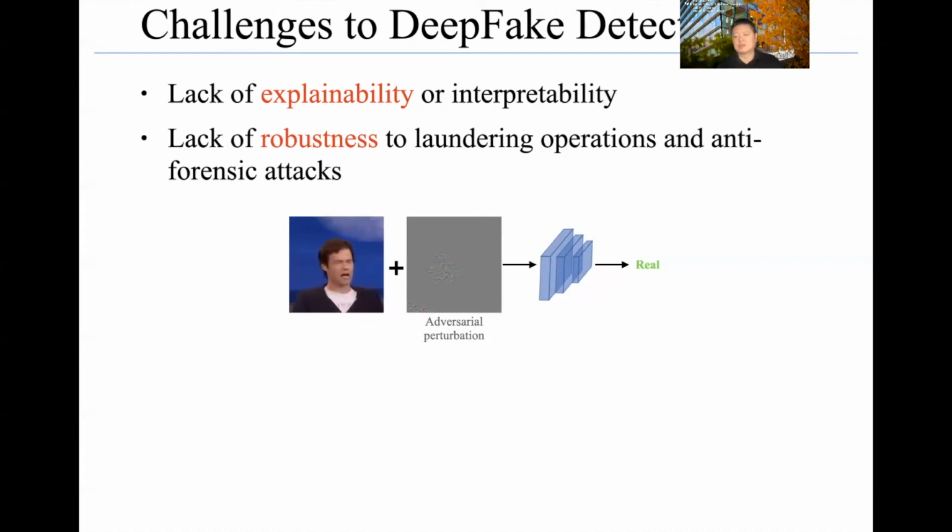So these anti-forensic attacks correspond to specially designed signals that are known as adversarial perturbations to the fake media, so that when the perturbed media is fed into the detectors, the detector will make an incorrect prediction.